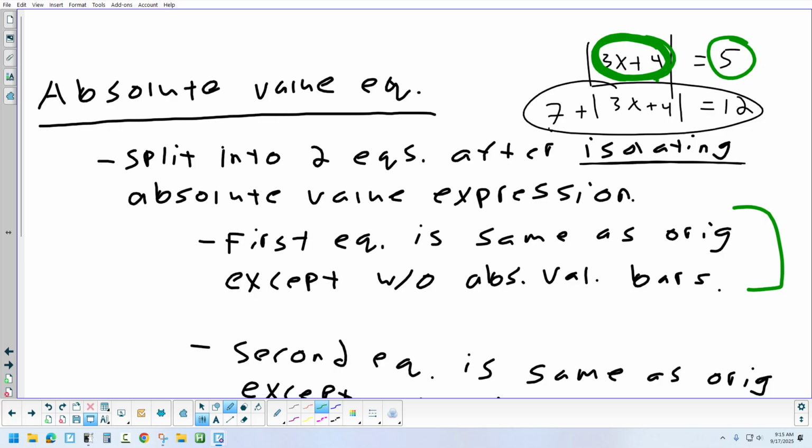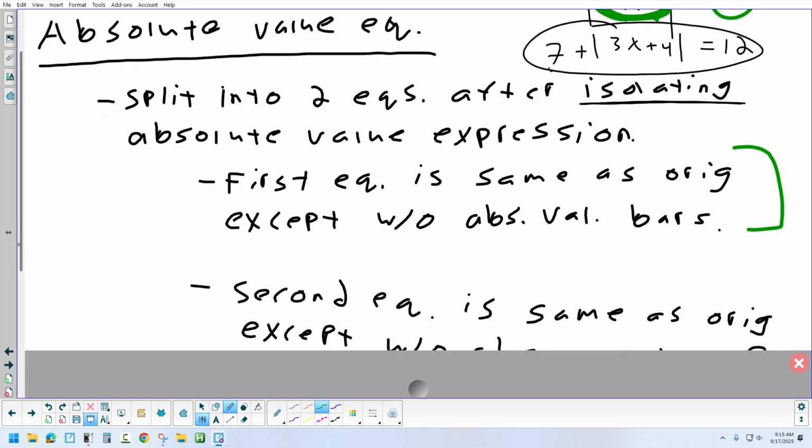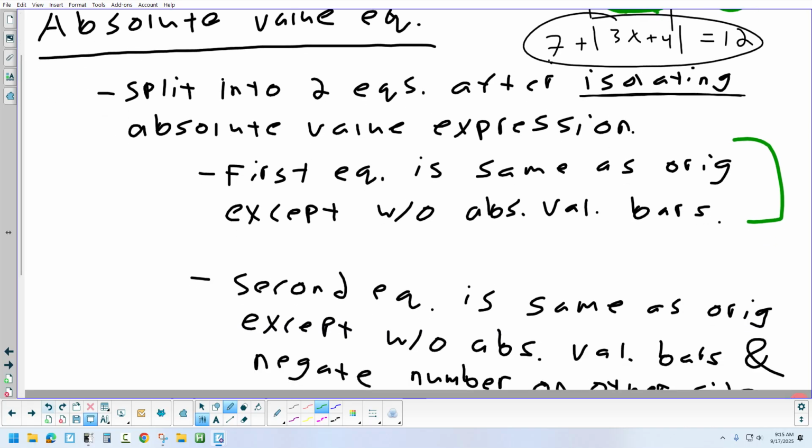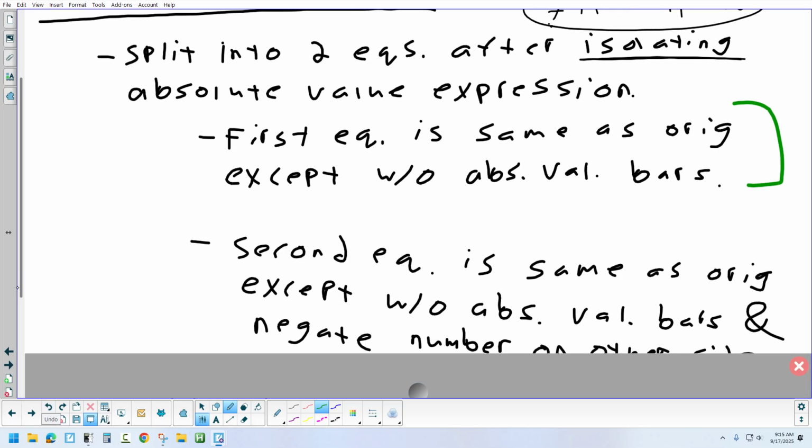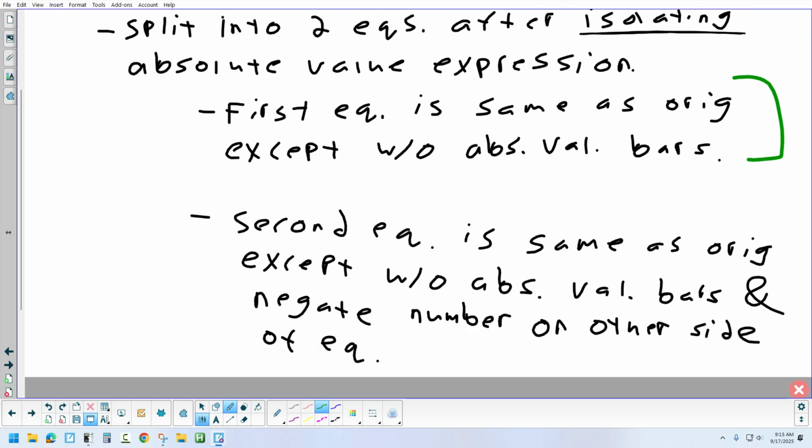The bottom one is setting what's inside that green circle to -5, and then solving it. So that second one, we're going to take out the absolute value bars just like we did before, but we're going to set it equal to the opposite of the number that's on the other side. So it could come out to 5, or it could come out to -5, and both of those would work.